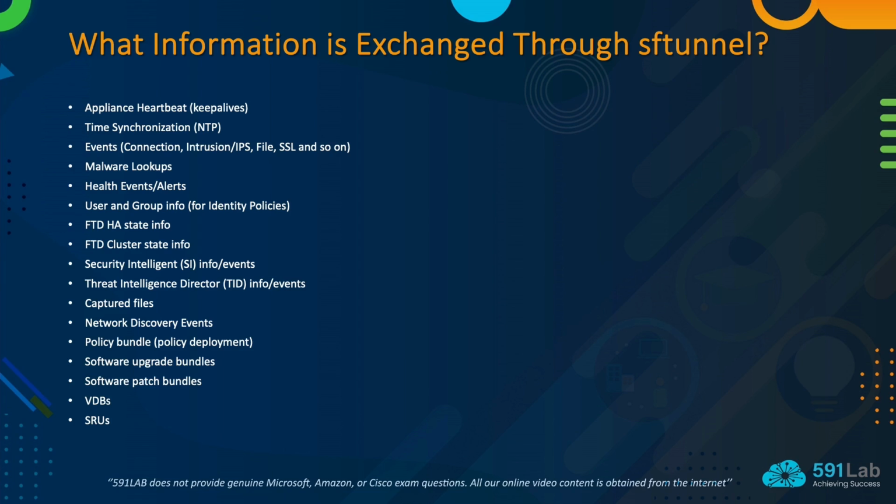We can also see the captured files, the network discovery events, the policy bundle, the software upgrade bundles, the software patch bundles, the VDBs, and the SRUs. The upgrade files are also pushed through the SF tunnel towards the FTD via FMC.